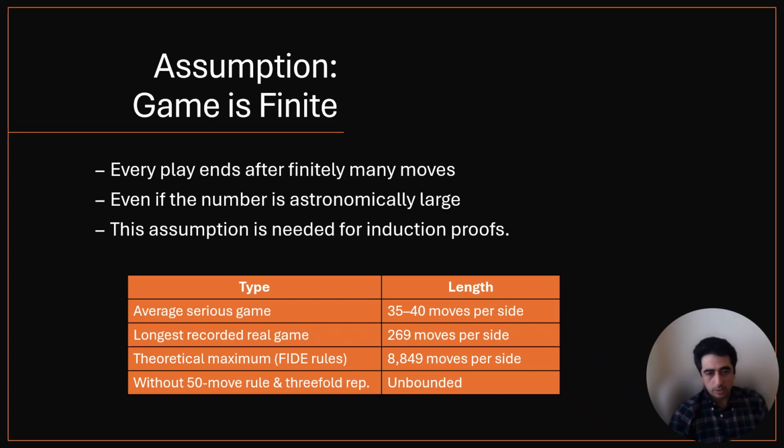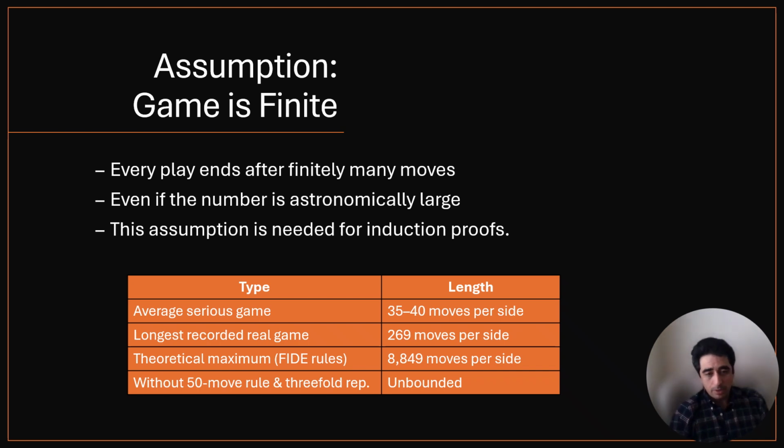Even if the number of moves is astronomically large, it's going to eventually end. And the reason we'll focus on this property of the game of chess is because we're going to use it for the induction proof that you will see later.